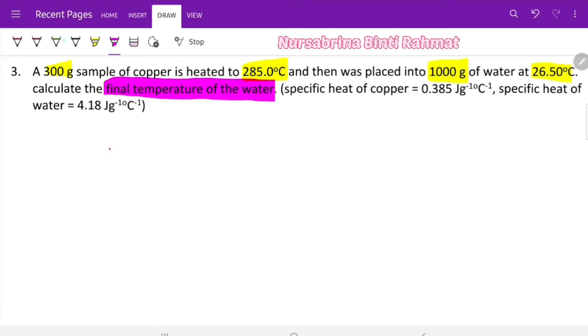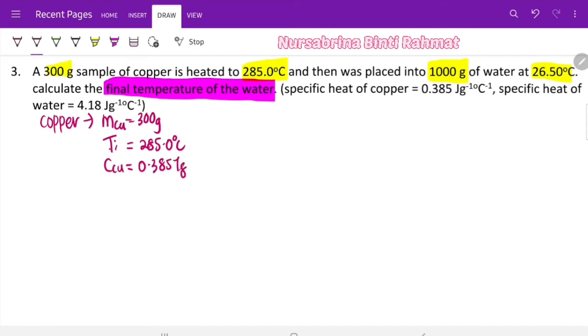Okay, so first, let's extract all the information that we have. For copper, mass of copper equals 300 gram. The initial temperature of your copper is 285.0 degrees Celsius. The specific capacity of your copper is 0.385 joule per gram per Celsius.